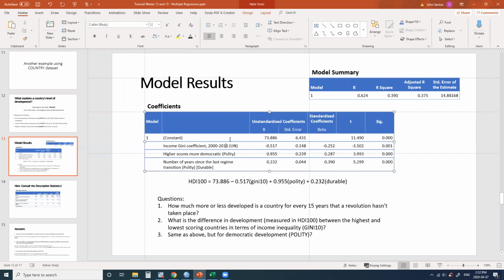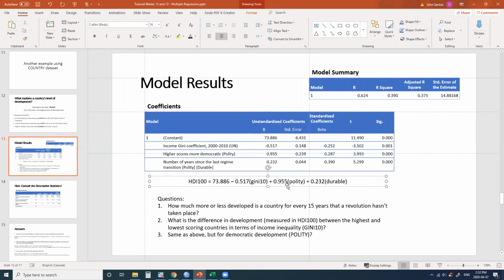You want inequality to go down, and then development will go up. So a one point increase in a country's Gini coefficient translates to a half point and change decrease in their level of development.